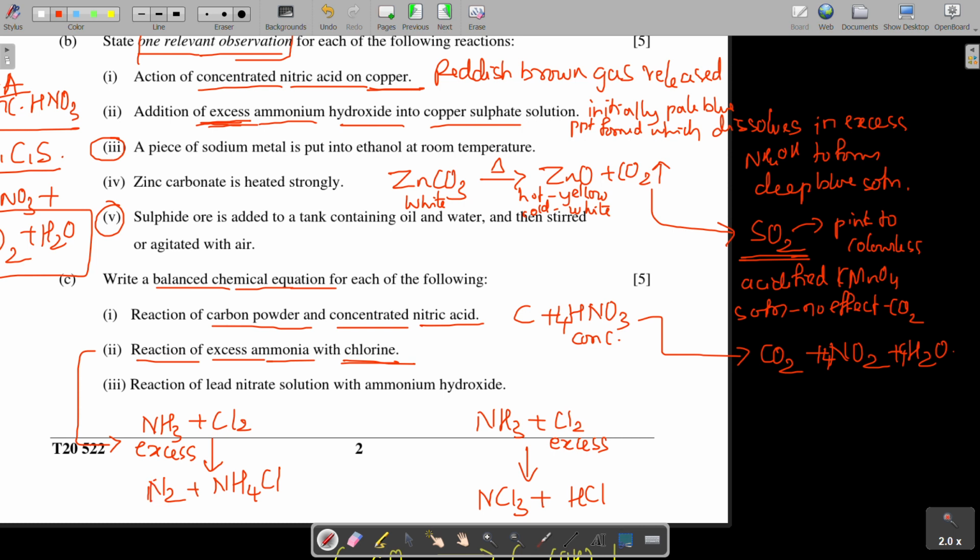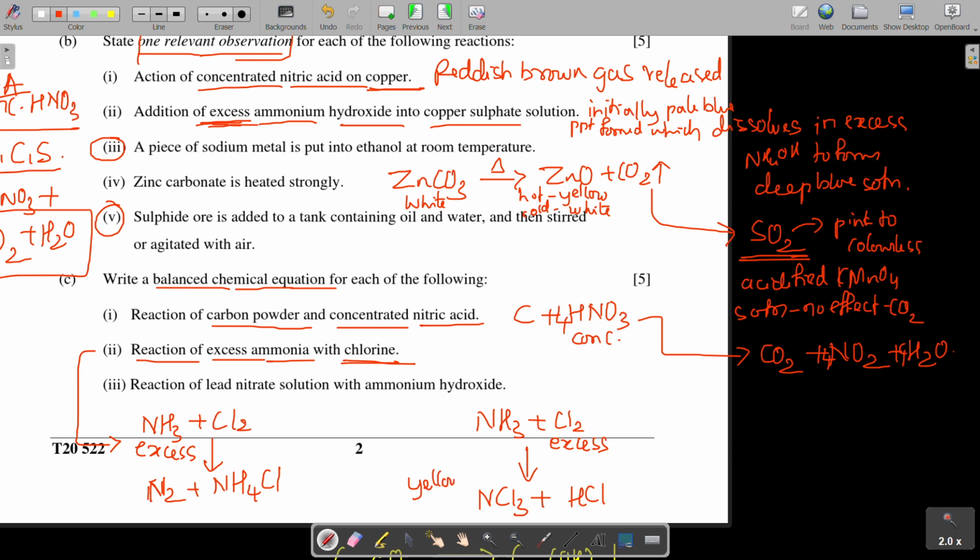Here ammonia, which you are using in excess, completely gets oxidized to nitrogen, and ammonium chloride will form. You can also write the observation if they ask: dense fumes of ammonium chloride.